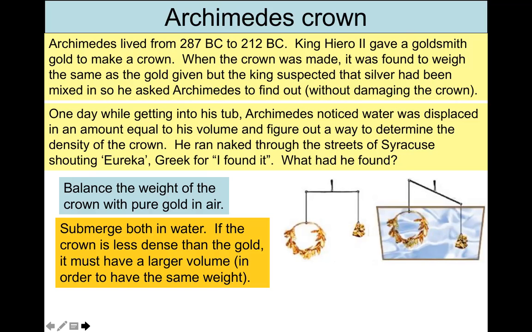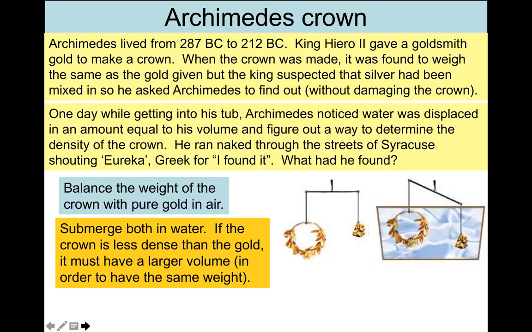If you have 2 kilograms of iron versus 2 kilograms of cotton, which one is bigger? Obviously the cotton, you need way bigger volume in order to also have 2 kilograms, right? So if the crown has been mixed with some silver, then the crown would have a bigger volume than pure gold.